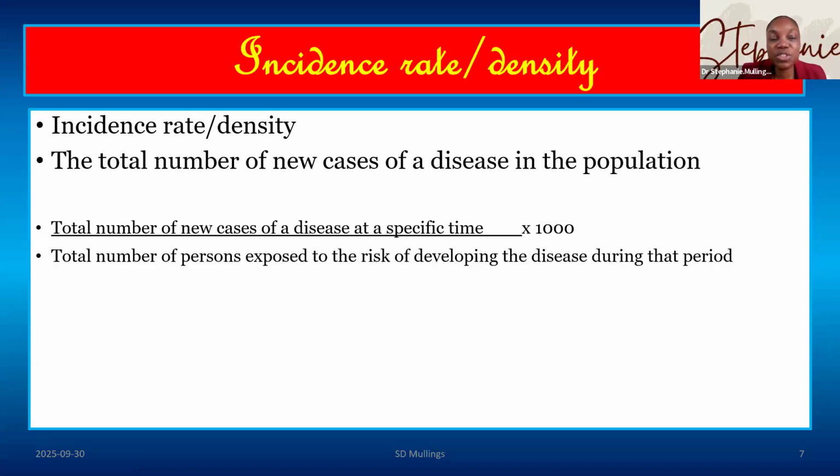So the time in which this occurs or the measure is done is critical to really providing the true information related to how many new cases would have developed in that period of time.